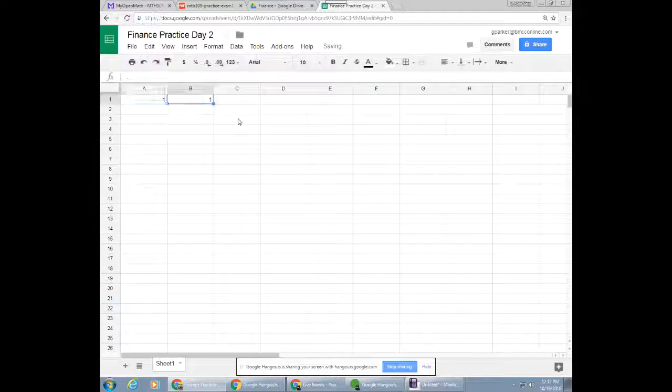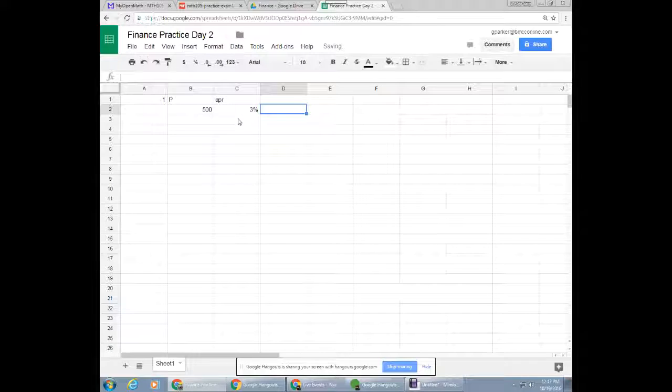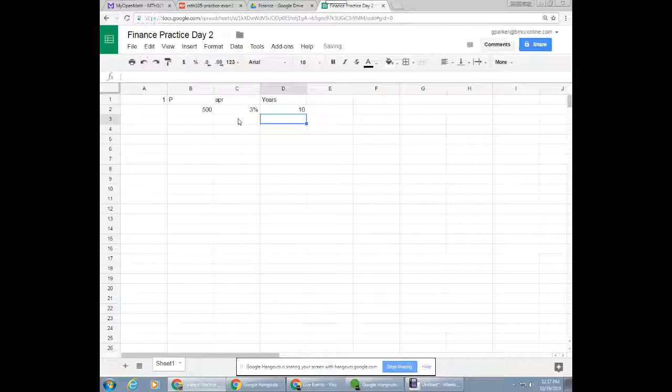I have what? Present value of 500. I have an APR of 3%. What else do I need to know? 10 years. And so I want to calculate the future value, so I'll put that in the last column here.